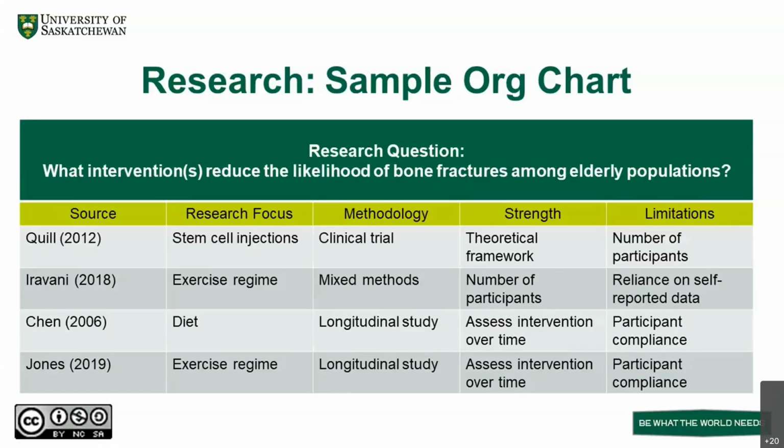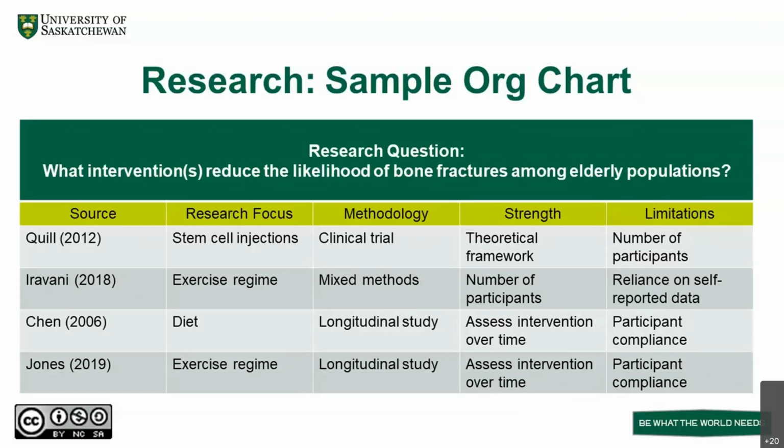So here we just have a sample organizational chart, and we're looking at the topic of interventions that reduce the likelihood of bone fractures among elderly populations. Here we just have the beginning of an organizational chart where we've identified a handful of sources. So we have 4 sources. Ideally, you would have the full citation information so that you could go and easily access that.